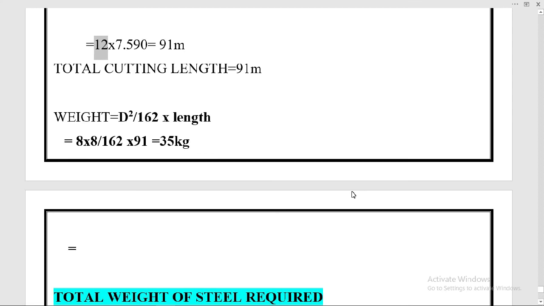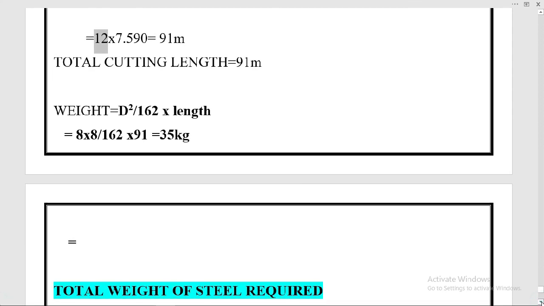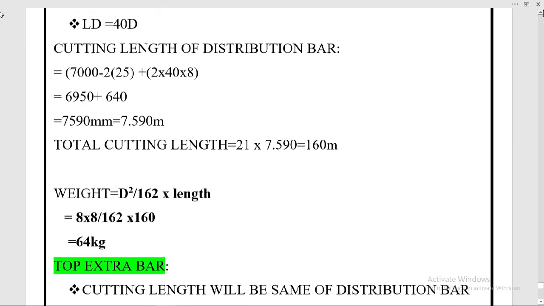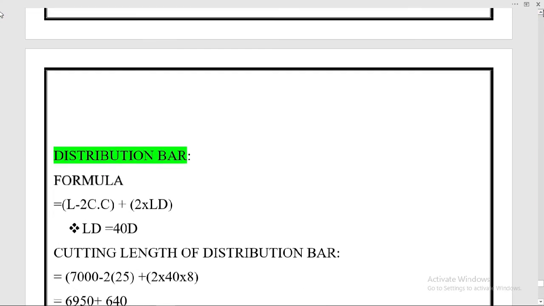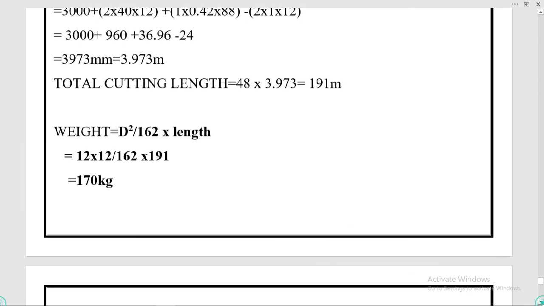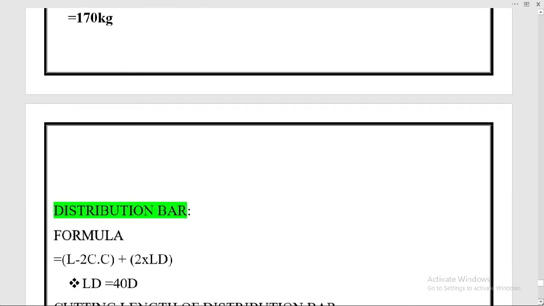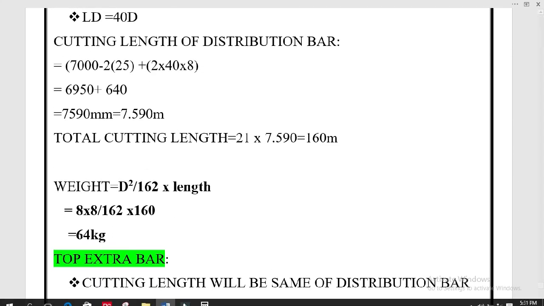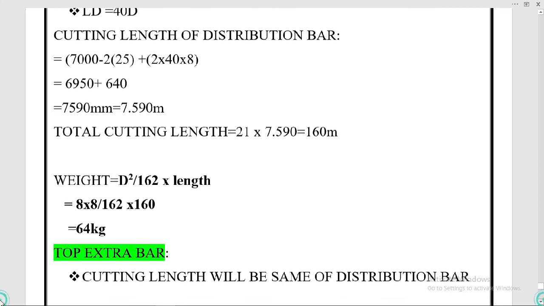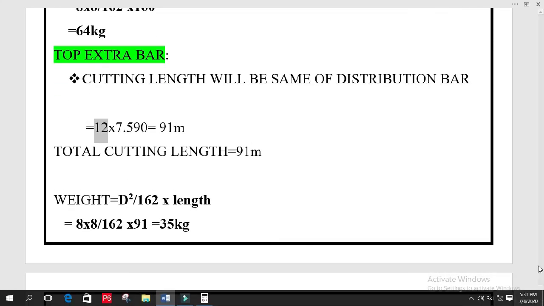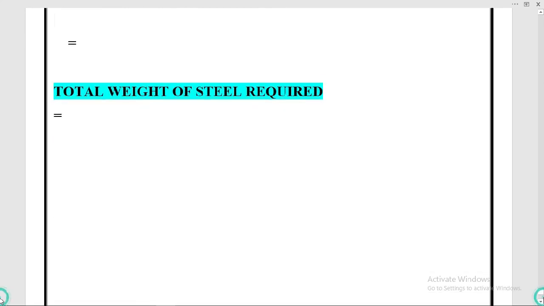Finally, we will calculate the total weight of the steel. For the main bar, we have the weight 170 kg. For the distribution bar, we have weight 64, let us take 65. Remember this: 170, 65, and for the top extra bar, we have 35.